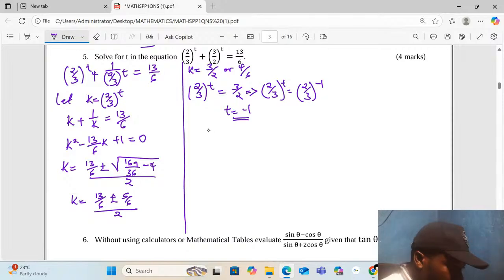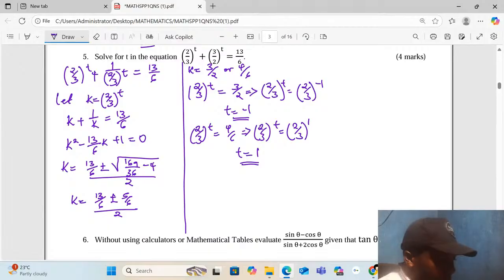We can also find the value of t when k is 4 over 6. So 2 over 3 to the power t will be equal to 4 over 6. That is when k is 4 over 6, and that gives us 2 over 3 raised to 1, which means now our t is equal to 1.